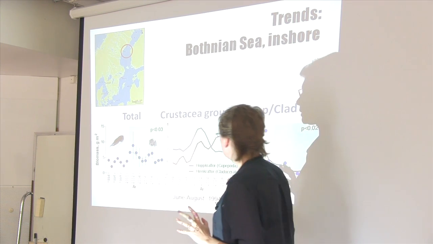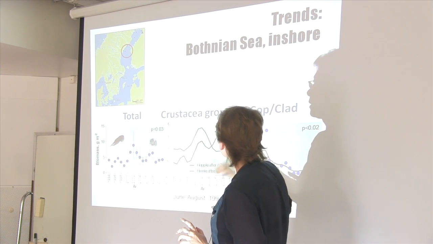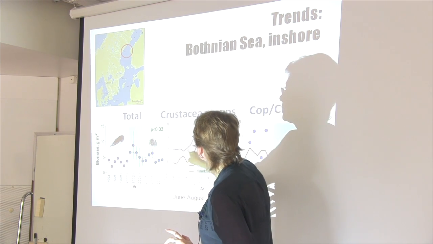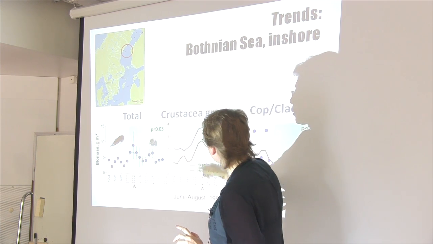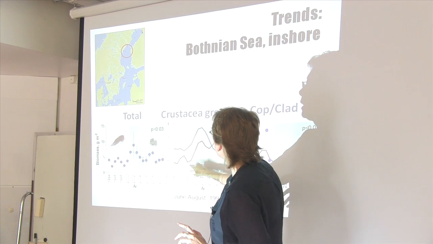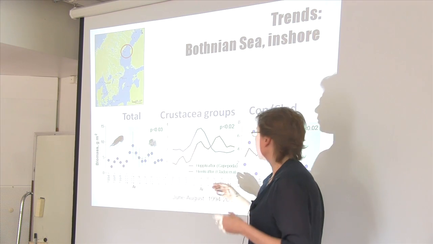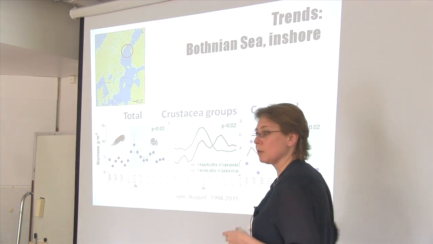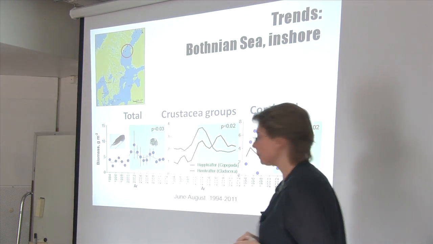It's easy to see if we look at the specific biomasses of cladocerans, red, and copepods, blue. As one increases starting from somewhere in 2000, the other one decreases. We can even calculate a ratio between the two and see that this decrease is actually quite dramatic.